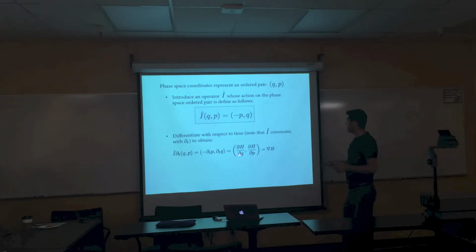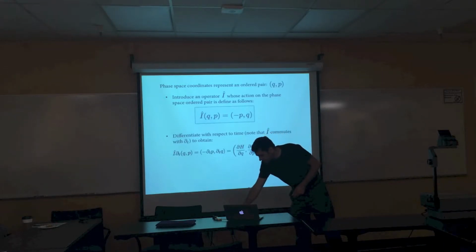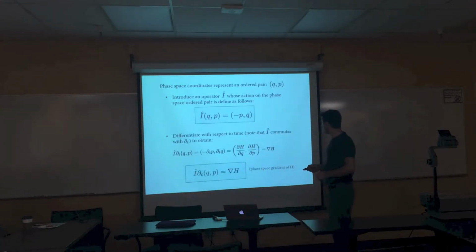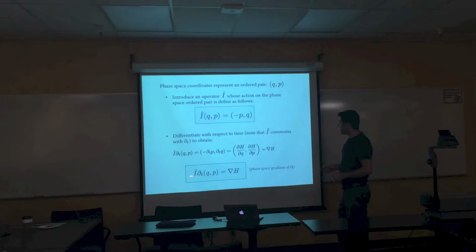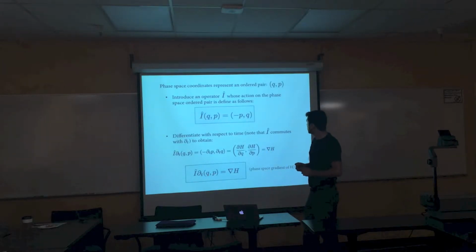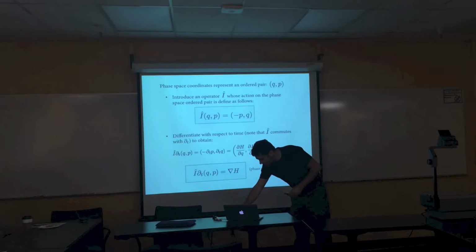In multiple dimensions, you can replace here q1, q2, q3, and so on. But essentially, this is just the gradient of the Hamiltonian function on the phase space. So we get this equation: operator I times d by dt of the phase space point qp equals gradient of h. So this is our first important result.